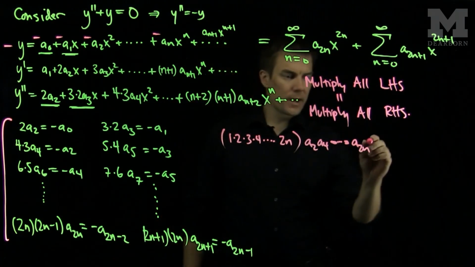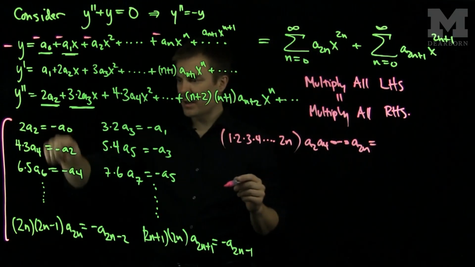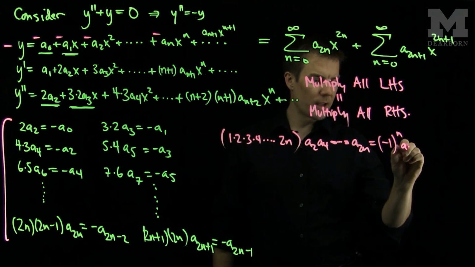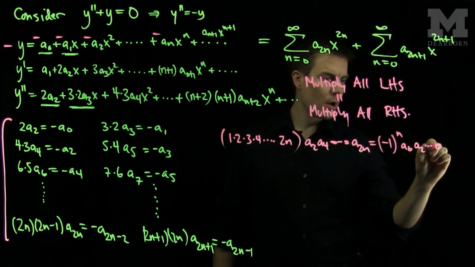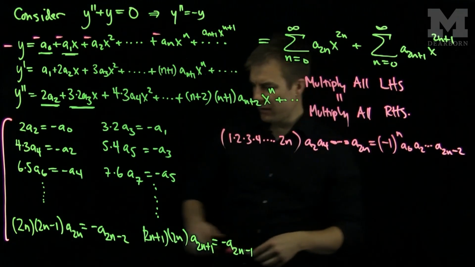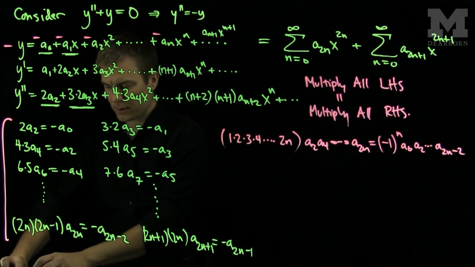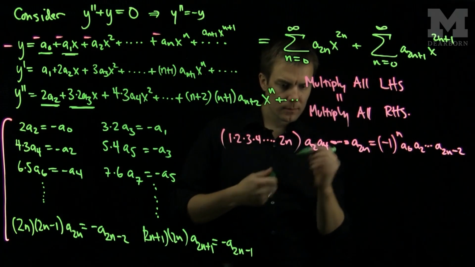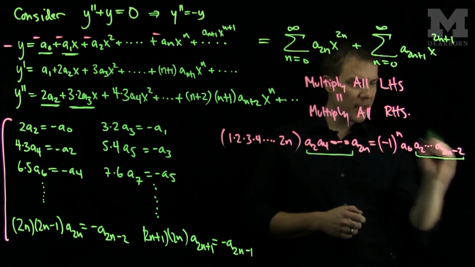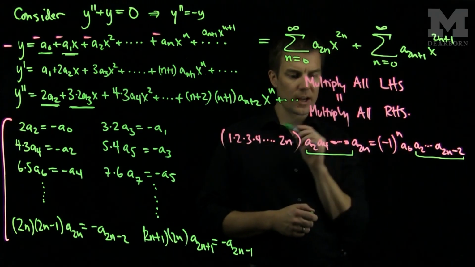If we multiply all the right-hand sides, we will have a whole bunch of negatives. We'll have negative 1 to the n, and we'll have a0, a2, all the way up to a(2n minus 2). Now we can observe that all of these will cancel out, except a2n and a0. So all that remains is a0 and a2n.